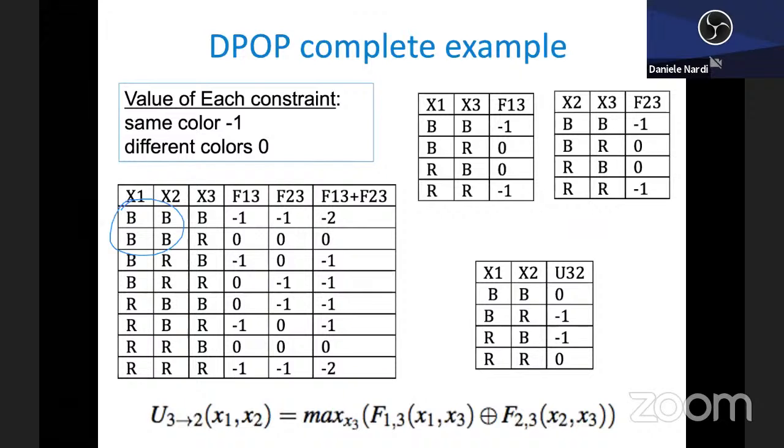If we take the table with rows 2 by 2, we can obtain all the values that you see in the table on the bottom right of this slide. Okay, so this table is built by doing a projection operation with respect to x3, getting the maximum values.